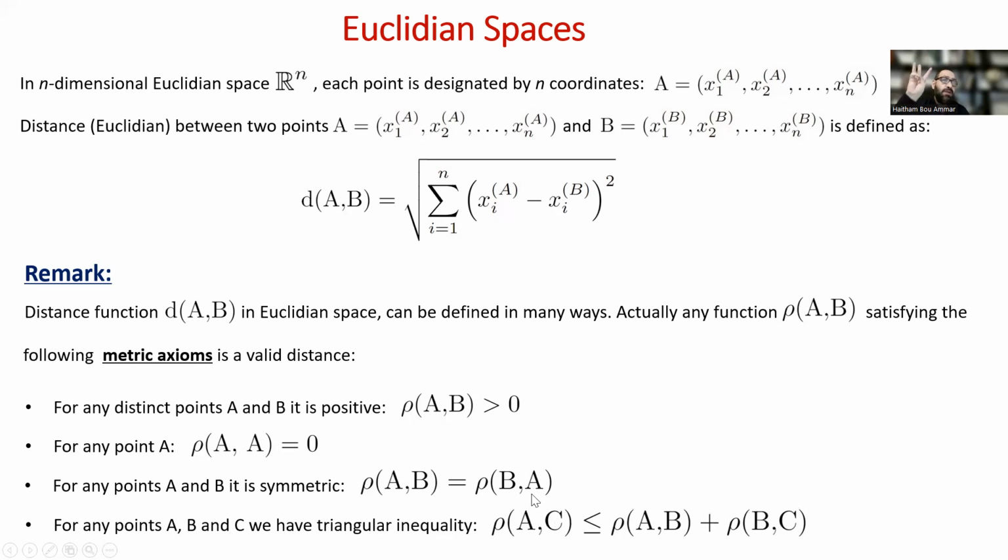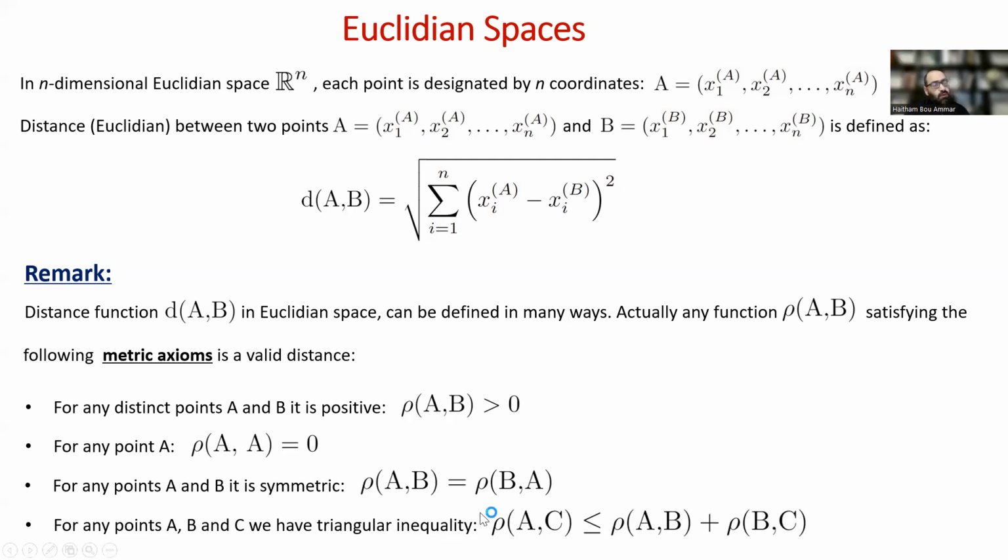So if you have 3 points, A, B, and C, we need the distance between A and C to be less than the distance between A and B plus the distance between B and C. So the idea is that we need these 4 properties to hold, and then you have a valid distance measure.